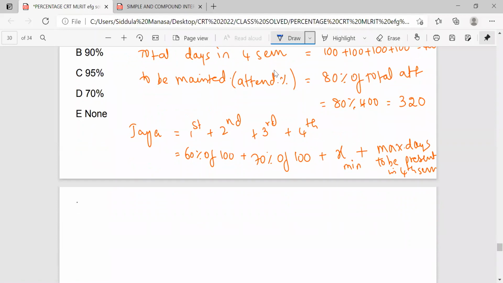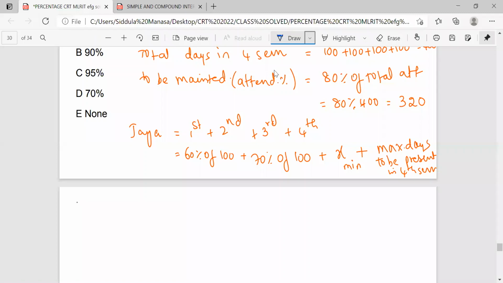Maximum days to present in the fourth semester. Then only we can write it as we need to maintain minimum number of days present for the third semester. So the rule is you have to maximize the fourth semester attendance. Then only you can find out what are the minimum days you can be present in the third semester.